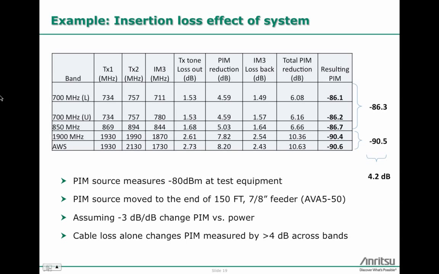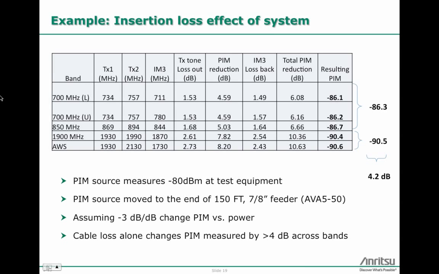What's interesting here is that same minus 80 dBm PIM source, or that same nonlinearity, just by placing it at the end of the cable, you can see that by which test system I use, whether it's a 700, an 850, a 1900, or a combination 1900, 2100, the magnitude of the measured PIM at the test set is going to change.